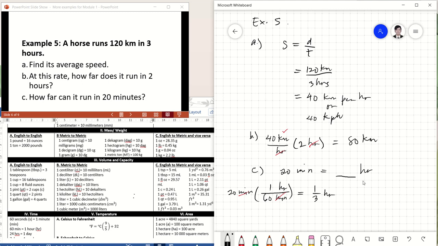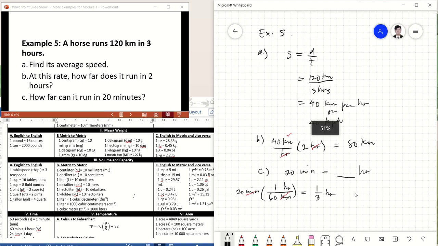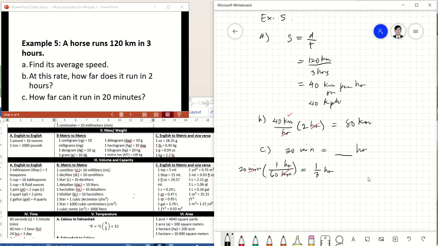Okay, so to find the distance, again, it's just the speed times the time. Speed is 40 kilometers per hour. We multiply it with 1/3 hour. Cancel out the hour, so you have 40 over 3.